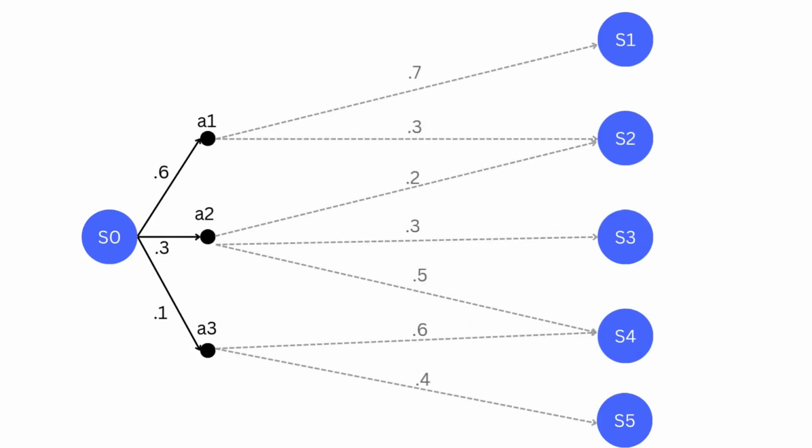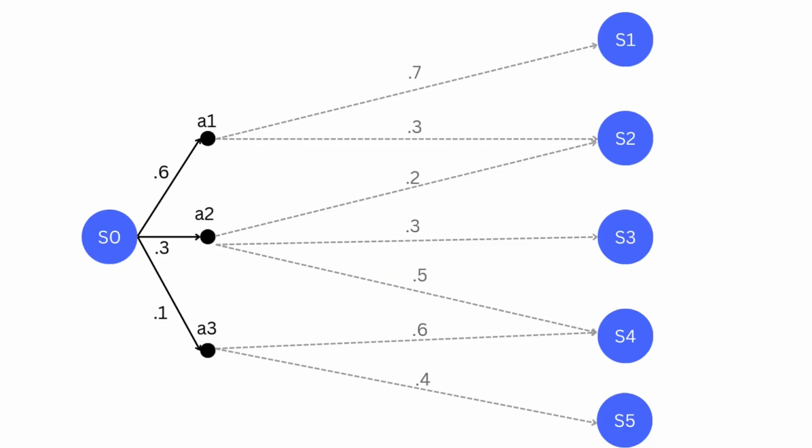For instance, if the policy at state S0 determines that there is a 0.6 probability of taking action A1, this action might lead to state S1 with 0.7 probability and to state S2 with 0.3 probability. On the other hand, action A2 might have 0.3 probability of being selected, and it may lead to states S2, S3, and S4 with probabilities 0.2, 0.3, and 0.5, respectively, and so on.